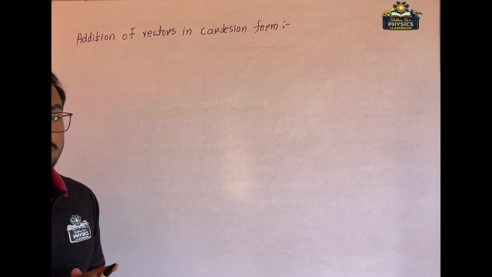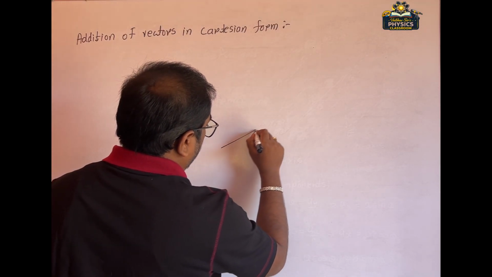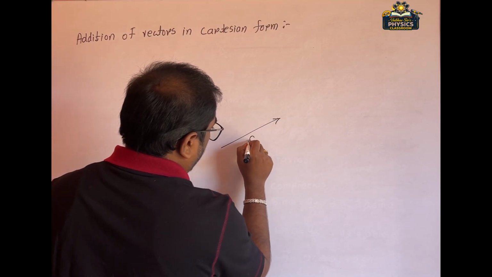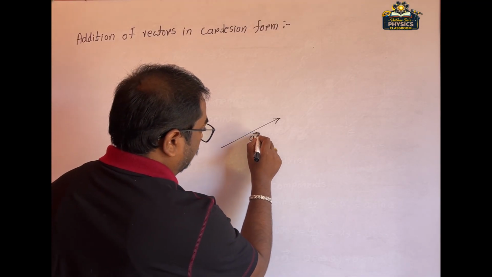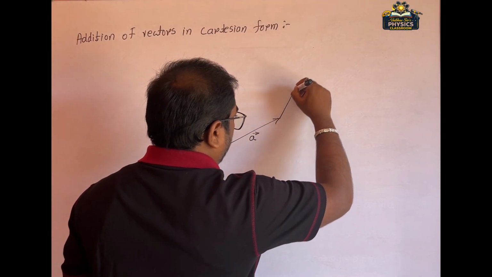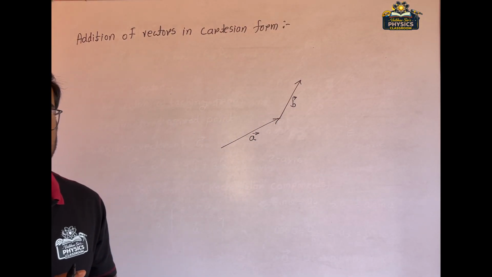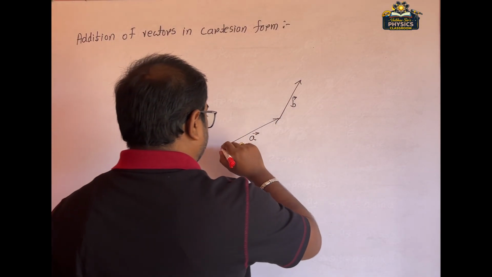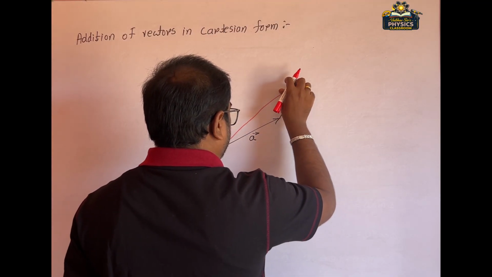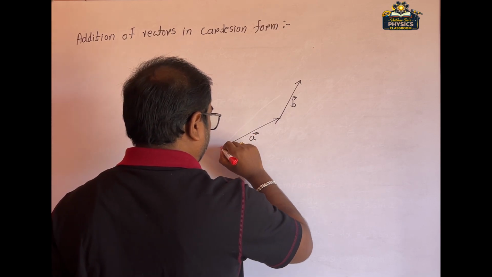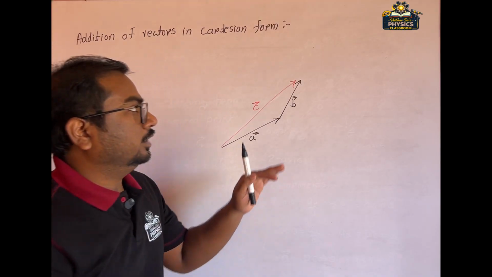So how can we add these two vectors? If I take the vector A, then there is another vector, vector B. So the resultant vector will start from the tail of vector A and it will go up to the head of vector B.